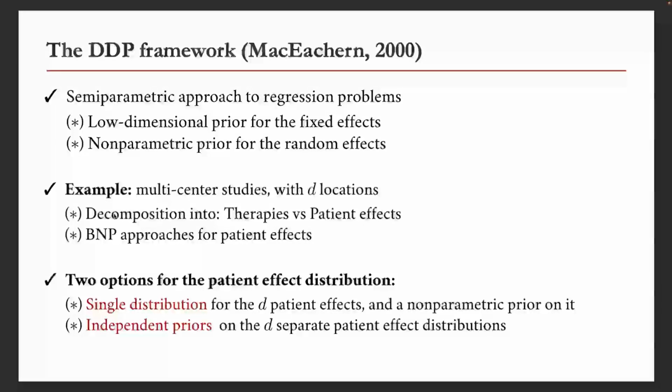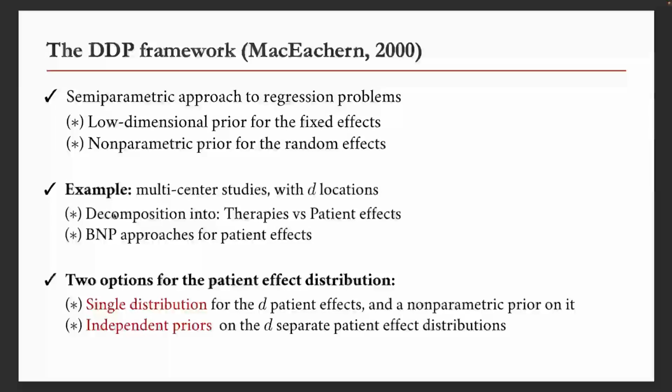For fixed effects, he suggests using a low-dimensional prior, in a sense parametric, whereas for the random effects, we are interested in their distribution, so it makes sense to be non-parametric.